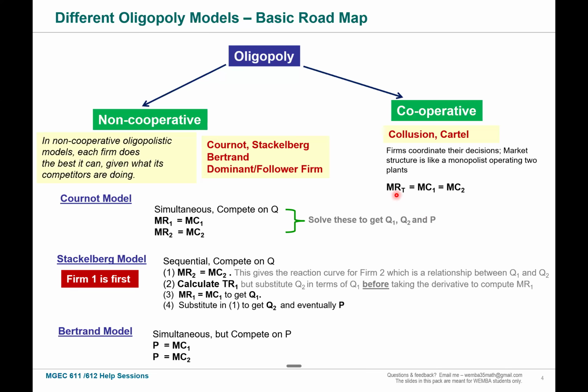How do I allocate the quantity across different plants to satisfy the demand? And that was MRT equals MC1 equals MC2. Recall that from the midterm? A cartel is the same. You have a demand. Think of multiple companies working together as a cartel, and each company can be thought of as a manufacturing site for a multi-plant monopolist. So the cartel equation is the same: MRT equals MC1 equals MC2.